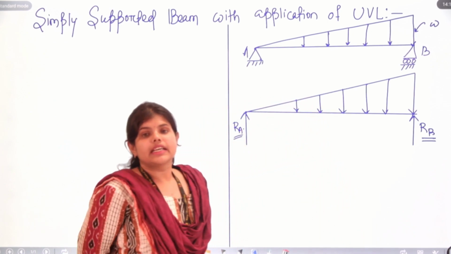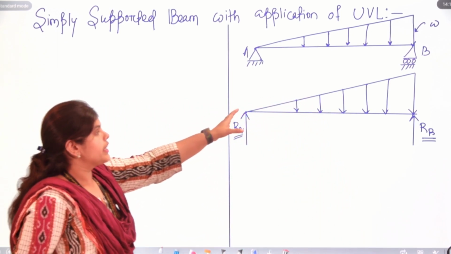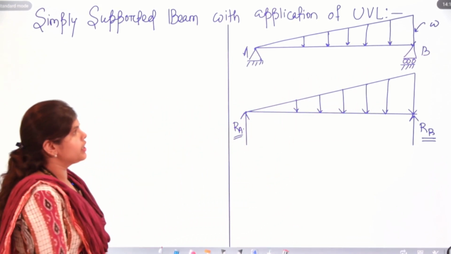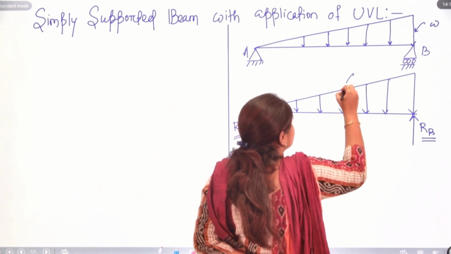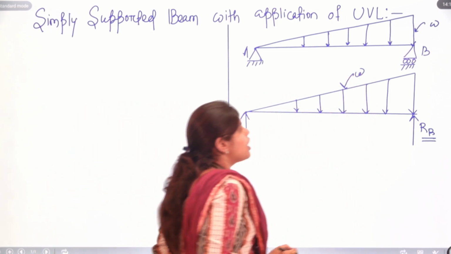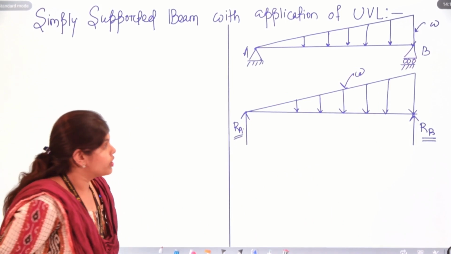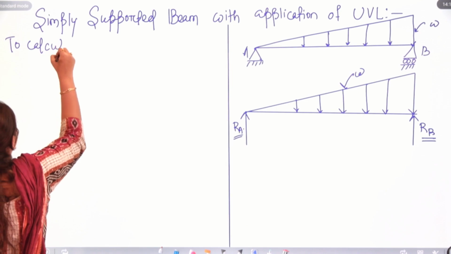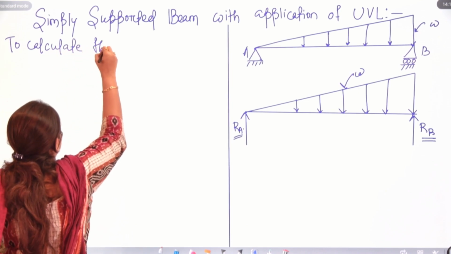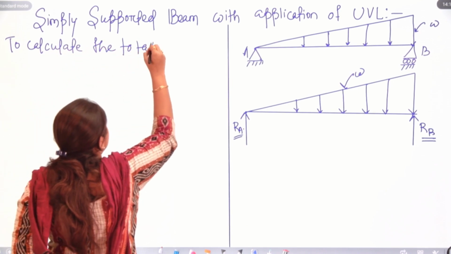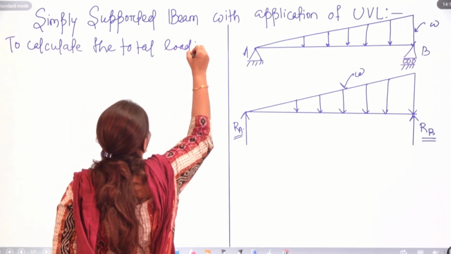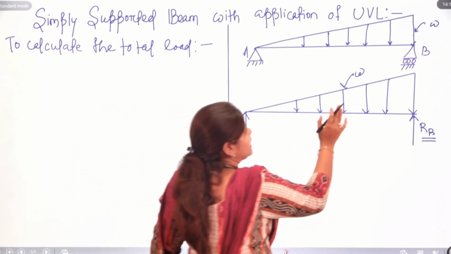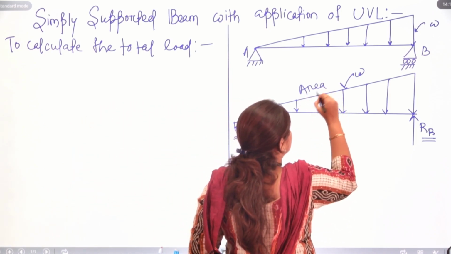We can see this load is applied here in a triangular shape. So, this is your W, and to calculate the total load, we need to find out some formulas. The formula is nothing but the area of a triangle.